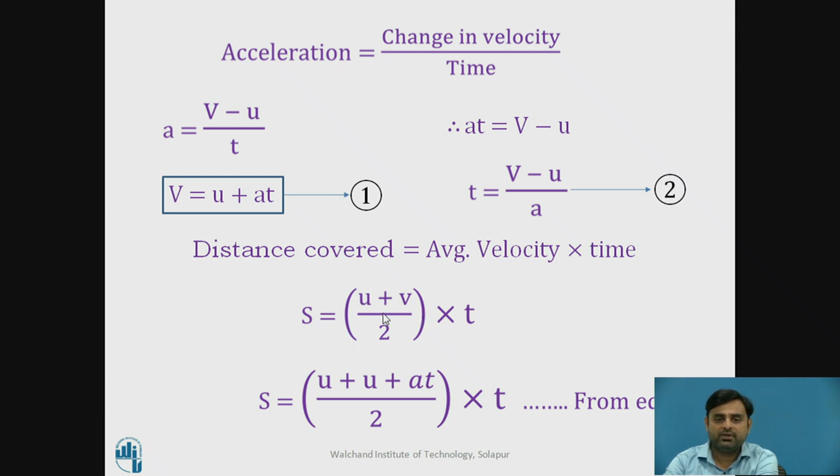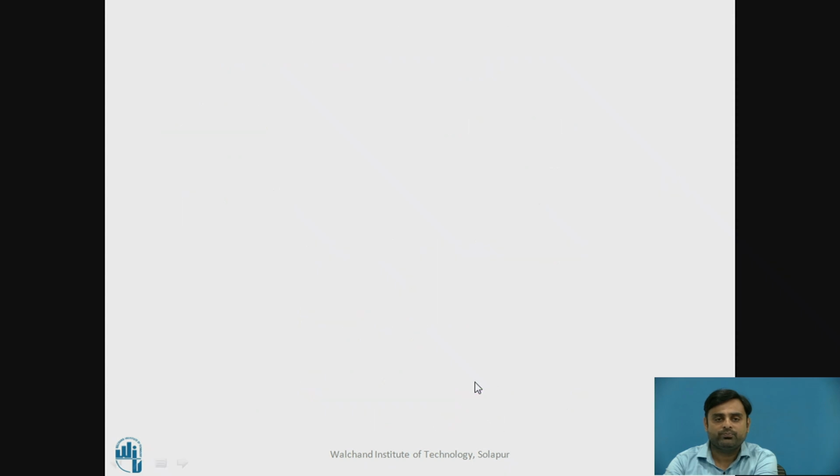In this equation, we put v is equal to u plus at, from equation 1. Instead of v, if you put u plus at, what do you get? s is equal to (u plus u plus at) divided by 2, into t, or we can take this 2 outside and it will be t by 2.